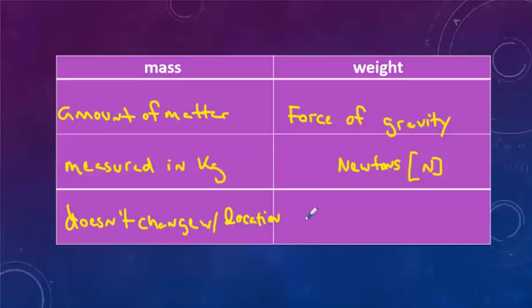So if you go to an area that has a different gravitational field strength, you're going to have a different weight. So this does change with location. Okay, and I'm not talking about where you are on Earth. I'm talking about what gravitational field strength you are in, what different gravitational field you're in.